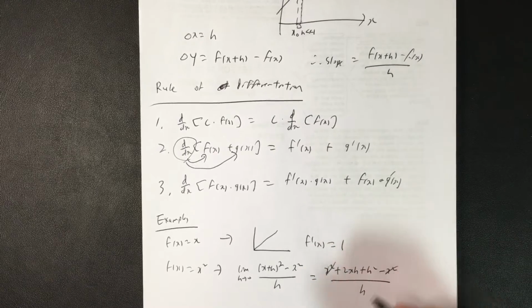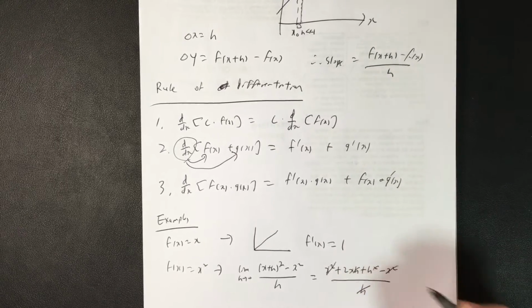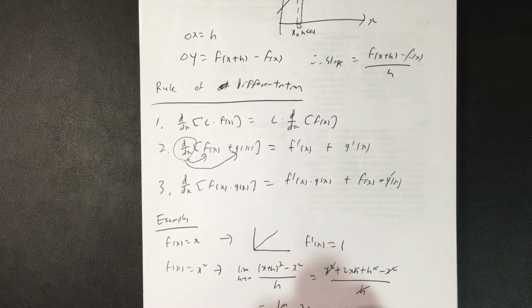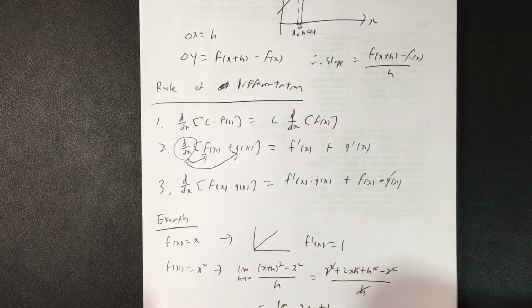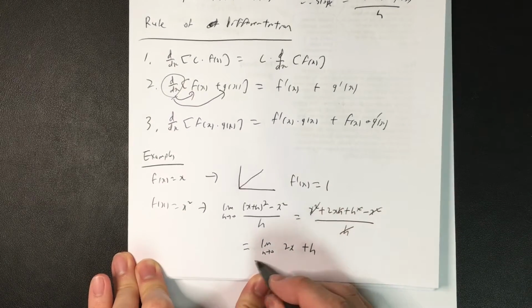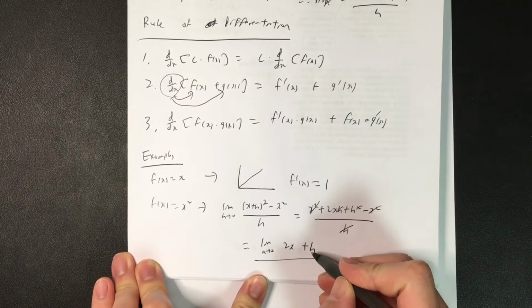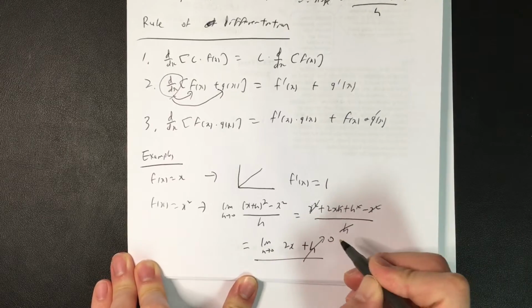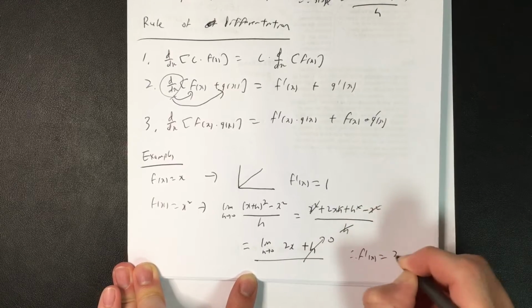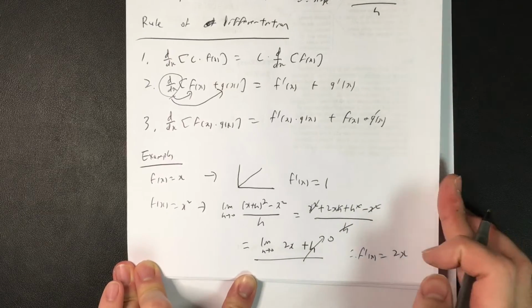The x squared can be cancelled, and I can cancel off the h term, so this becomes the limit as h goes to 0 of 2x plus h. From here, since h is approaching 0, we can safely neglect this term and therefore conclude that f prime of x equals 2x.